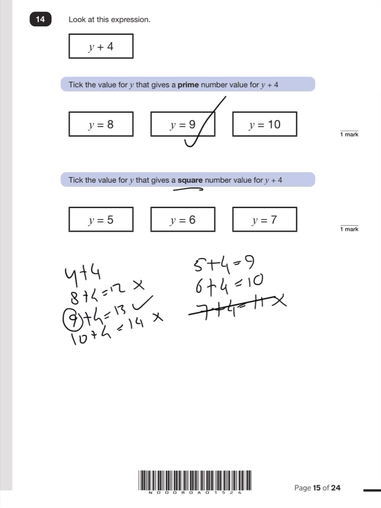Is 9 a square number? Yes, it is, because 3 squared equals 9. Therefore, the correct answer is 5, putting a tick there.